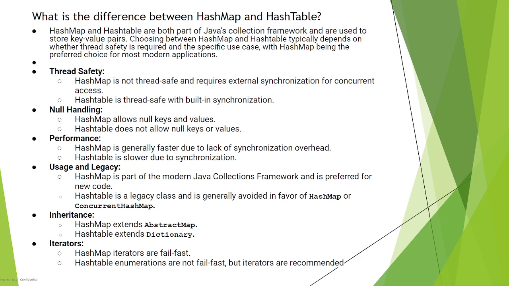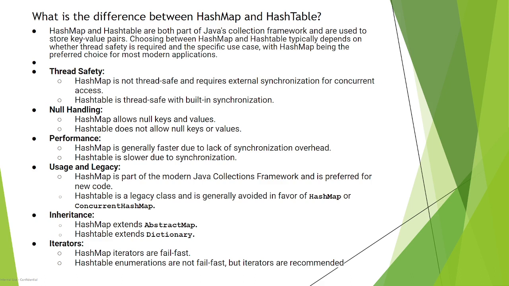In terms of thread safety, hash map is not thread safe and requires external synchronization for concurrent access. Hash table is thread safe with built-in synchronization.